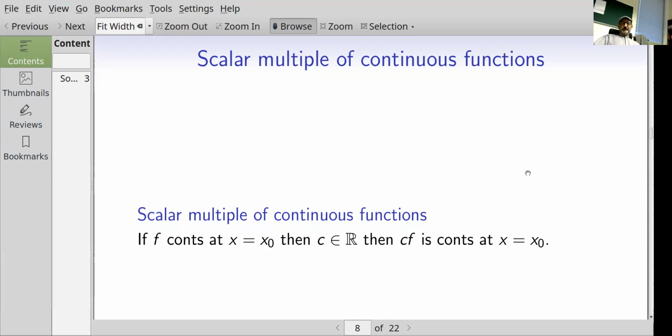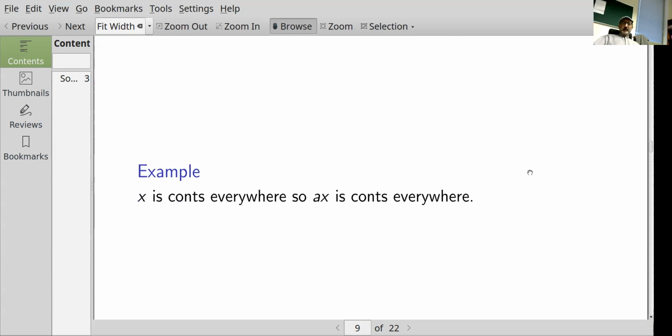Scalar multiples. If f is continuous at x equals x naught, and c is an element of the reals, then the scalar multiple of f, c times f, is continuous at x equals x naught. For example, x is continuous everywhere, and if a is a real number, then the new function ax is continuous everywhere.